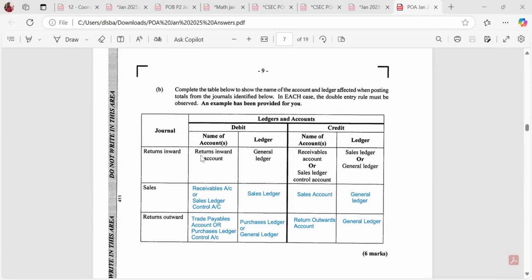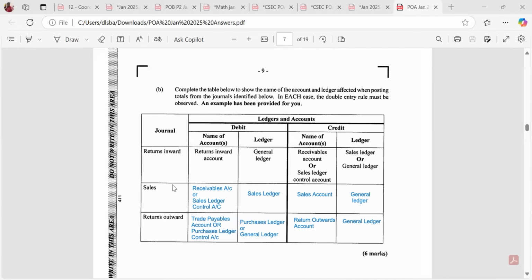And then the returns will come from accounts receivable, people that were owing you money, who bought the goods on credit and returned them. So you will credit the account receivable account. They will be found in the sales ledger. The second one, sales. Your sales journal records all credit sales. So all of these sales would come from accounts receivable, which are found in the sales ledger.